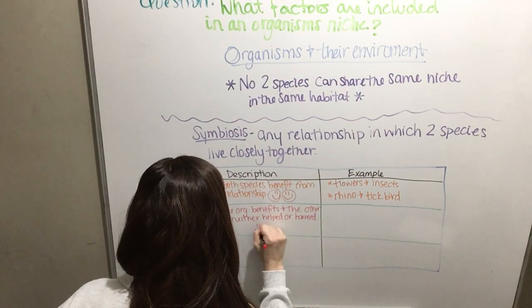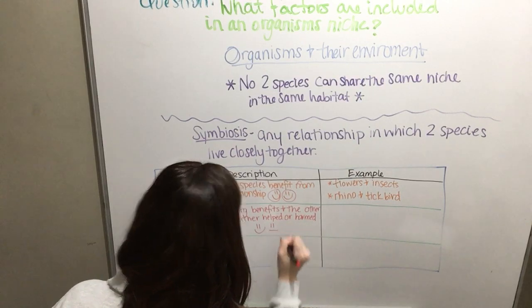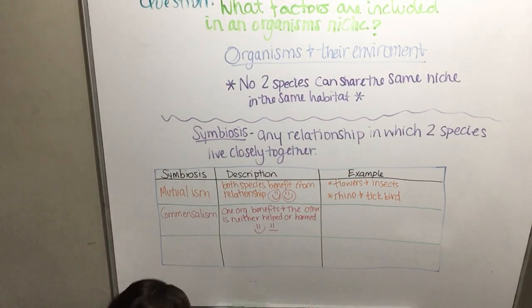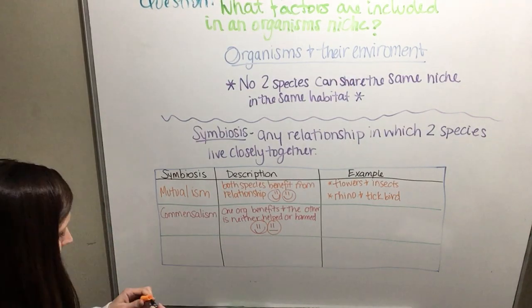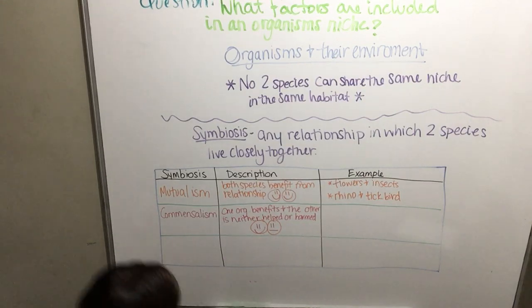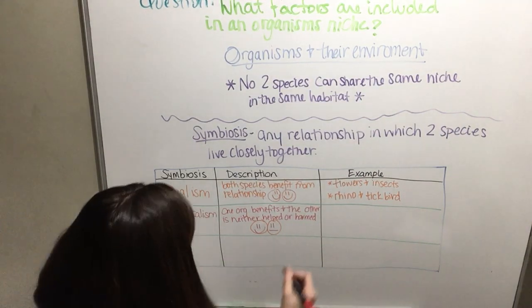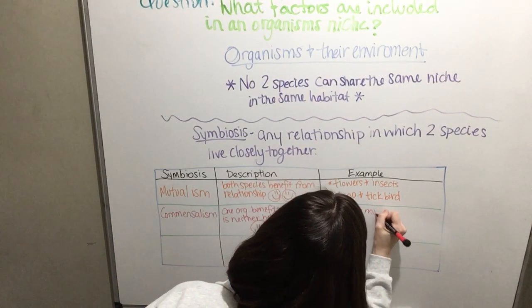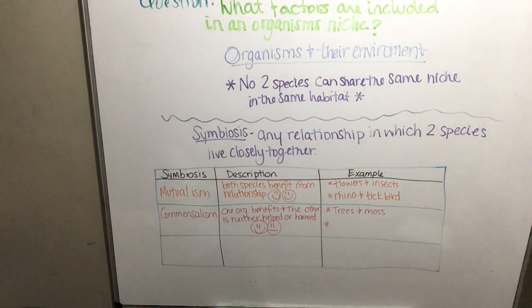So in this case, one is happy, one is being benefited, and the other one is neither helped or harmed, not happy or sad. So here's your 2 smiley faces. And the example of commensalism would be trees and moss, or whales and barnacles.